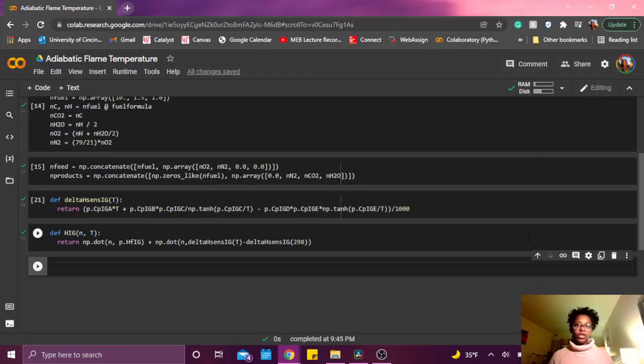So now to finish, we can actually calculate what our final temperature is going to be using our initial conditions, moles, and our feed, et cetera.